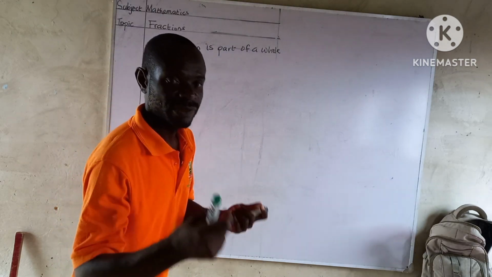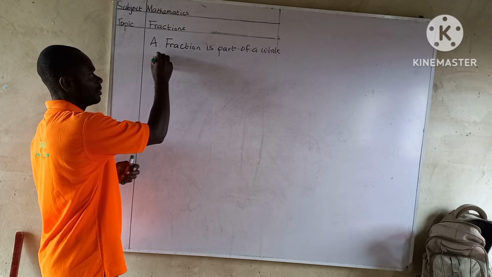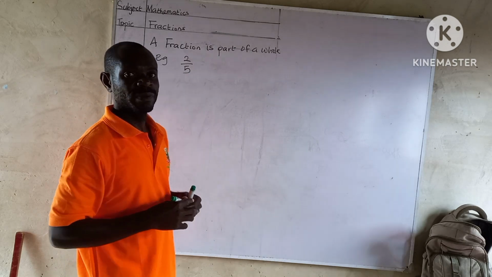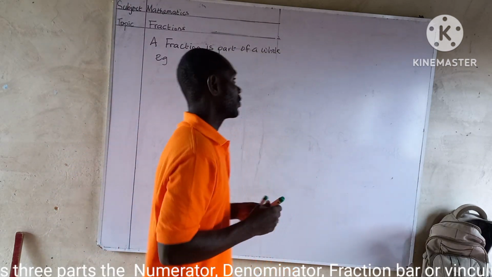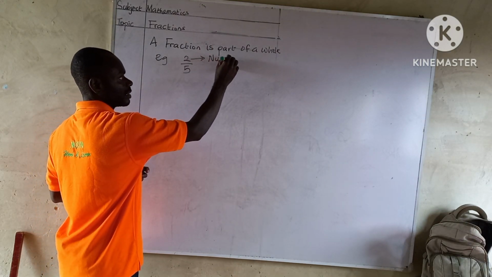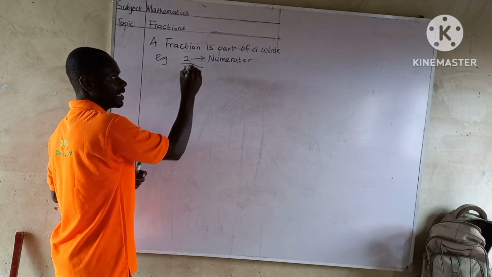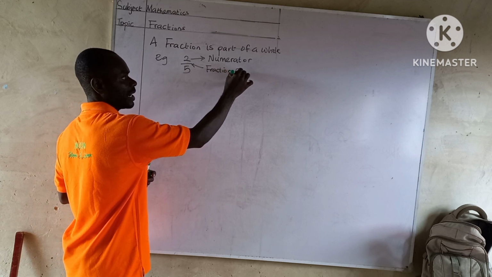Now, a fraction is written this way. For example, we have 2/5. A fraction majorly has 3 parts. You will see that 2 is known as the numerator. This line here is known as the fraction bar.